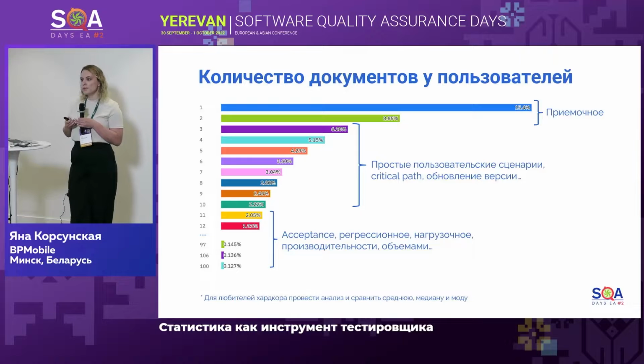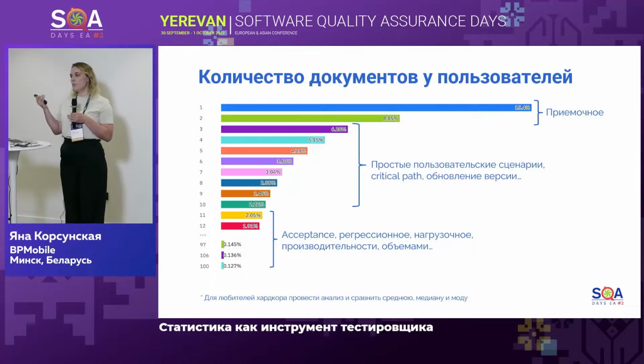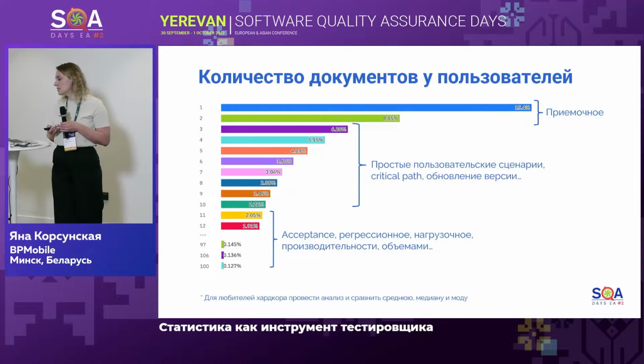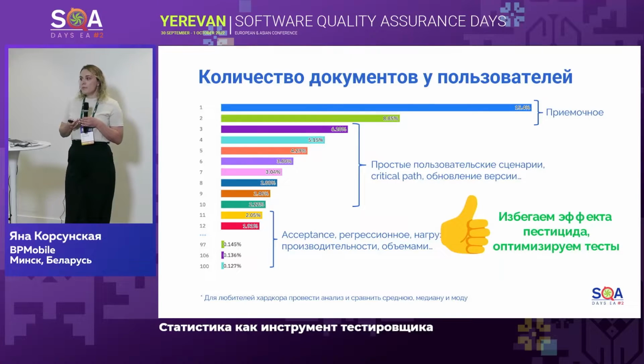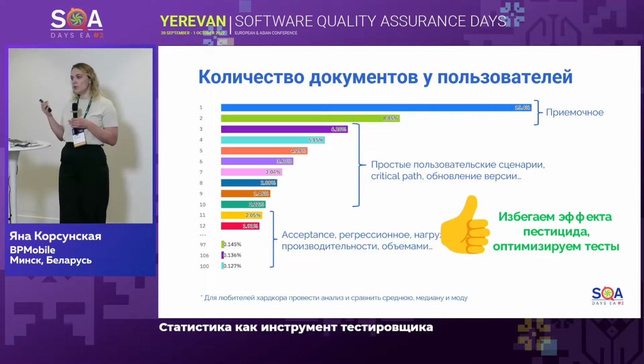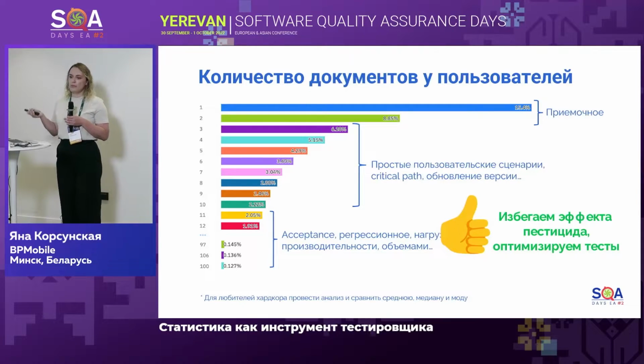Here, we come to the automation solution because this share of the users is quite high, and this amount of tested data is very difficult to create manually. At the same time, the profit here is that we're avoiding the pesticide effect by using the same amount of data.